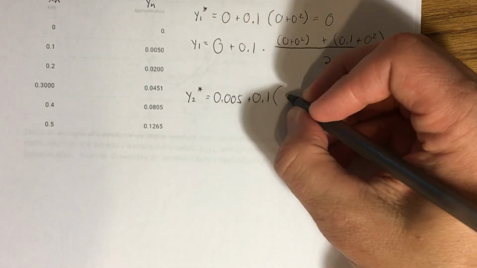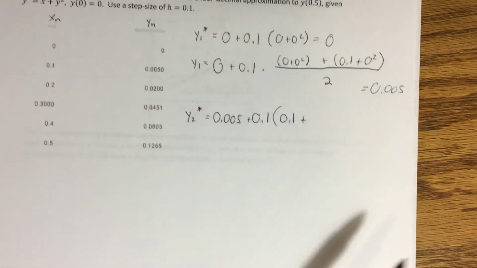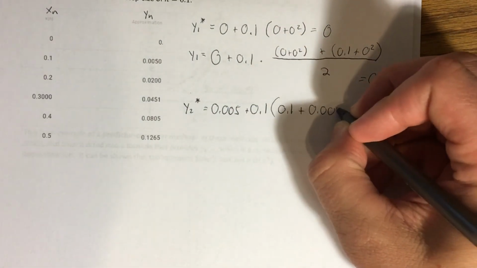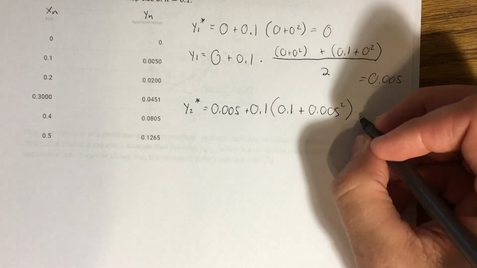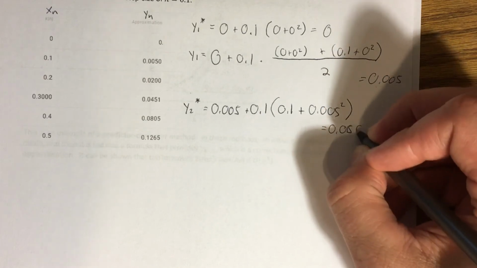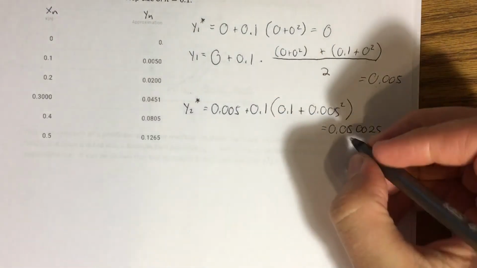So x1 is 0.1, y1 is what we found here, and the formula squares that. It's up there, right? So plus 0.005 squared. And this is equal to 0.0150025. Okay, it's a 1 right there.